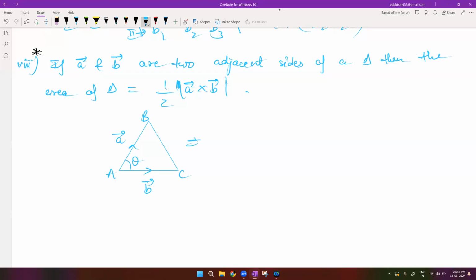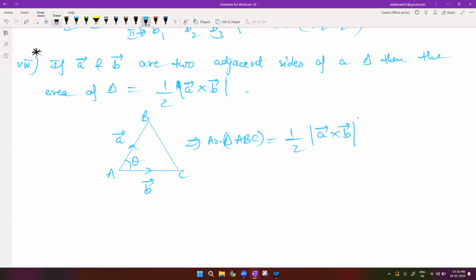Then we are saying that area of triangle ABC is equal to half of the magnitude of the cross product of A and B, right? Now, how did we reach it?